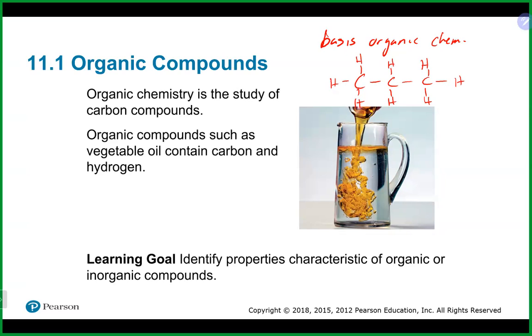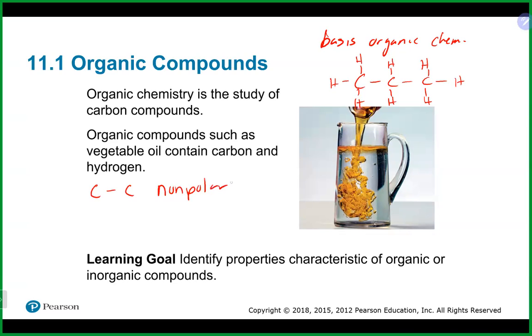As we go through the different organic chapters, we will find some differences in these types of compounds, and we'll substitute out, for example, some of the hydrogens for some other elements, and that'll give us different types of organic compounds. Organic compounds, because they contain this, mostly have non-polar bonds.